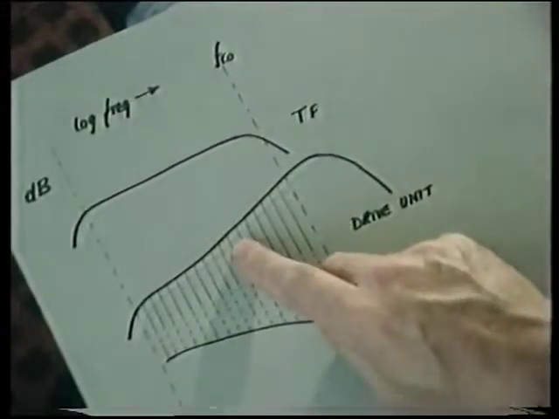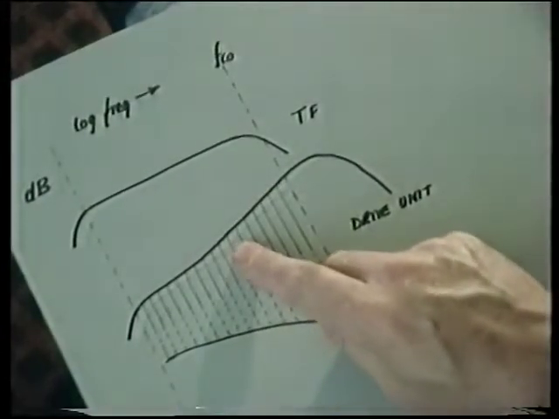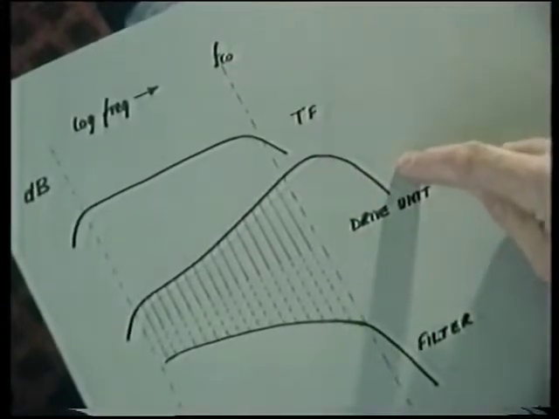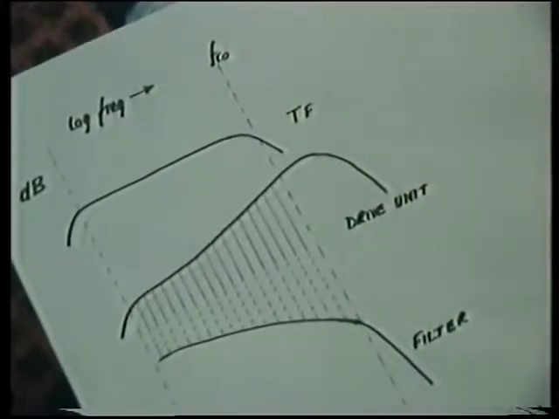Taking that mean response curve, which might, for instance, look something like this, which would have a rising response in this section, and a far too extended frequency response beyond the required cutoff point.